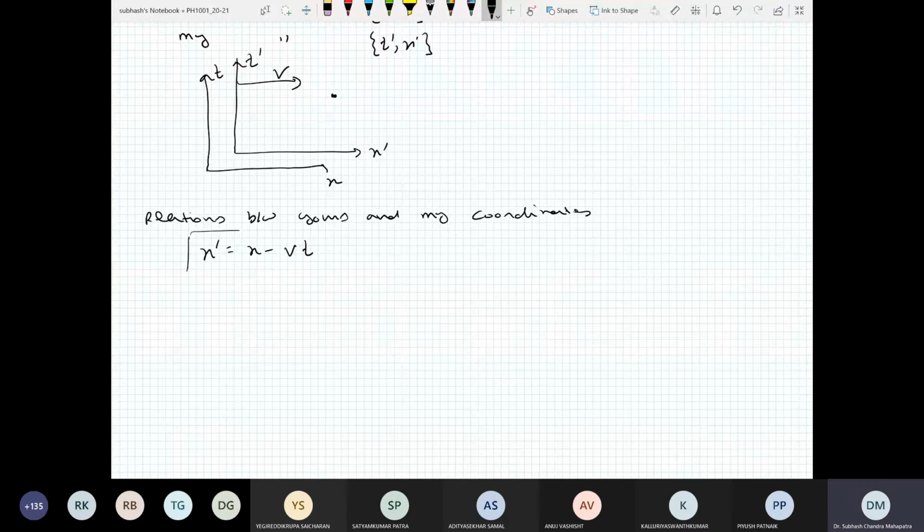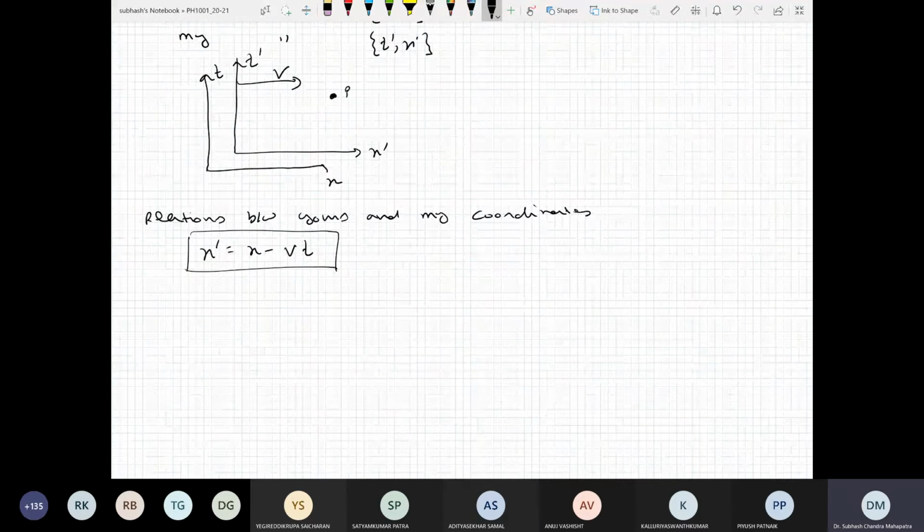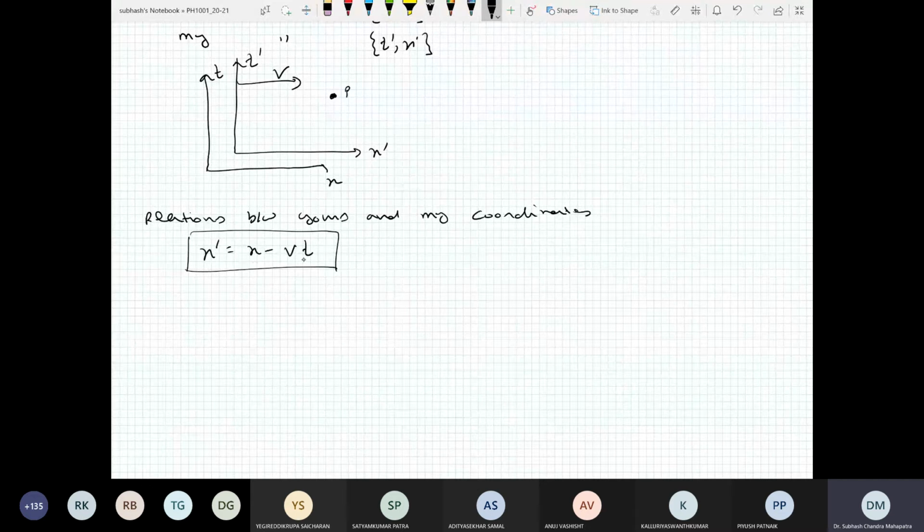Do you agree with this? Yes, sir. So you agree that x prime is x minus vt. So if the information of your x and t is given, the information of x prime can be obtained. Right?